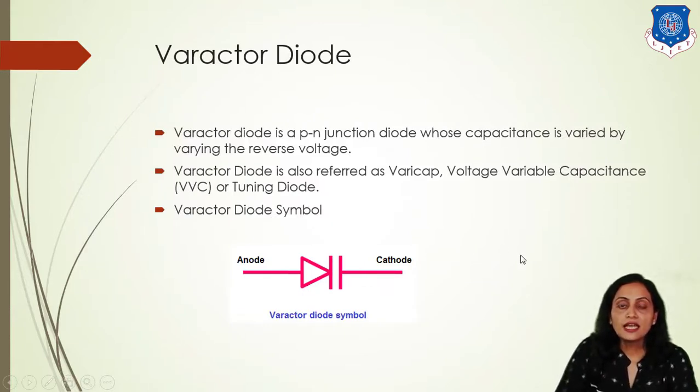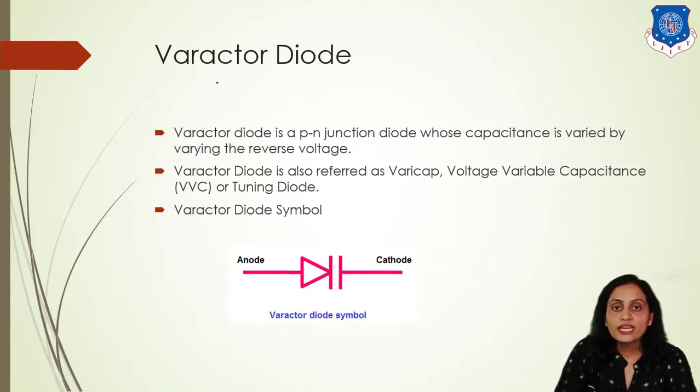Next we will see another diode, that is the varactor diode. So varactor diode is a PN junction diode whose capacitance is varied by varying the reverse voltage. We had seen in the previous PIN diode that the capacitance of the PIN diode when it is biased in the reverse bias region remains almost constant, but it provides a variable resistance in the forward bias.